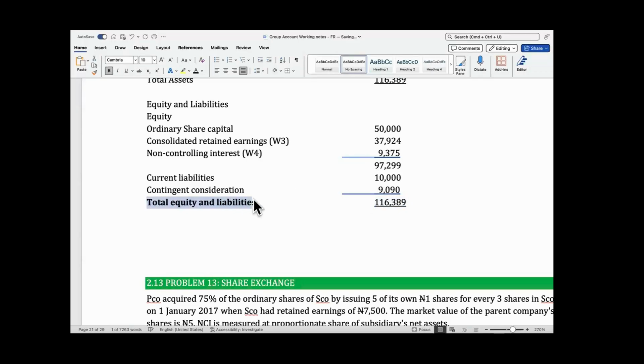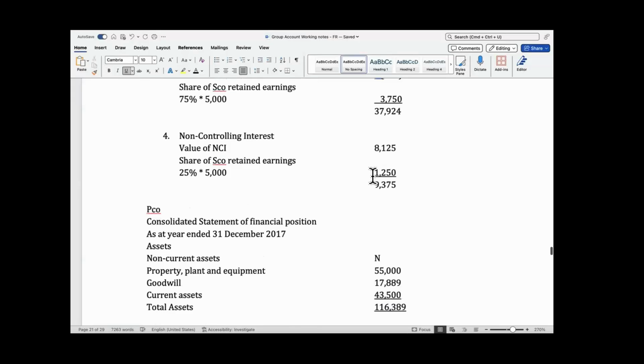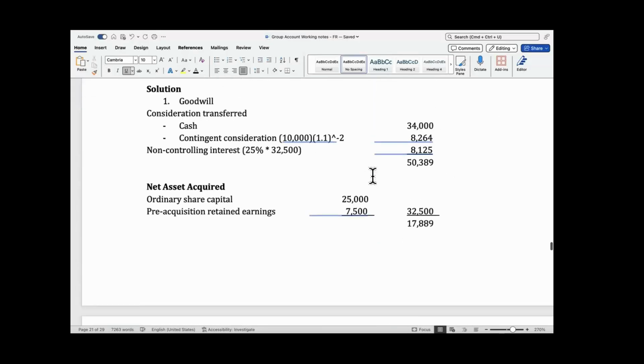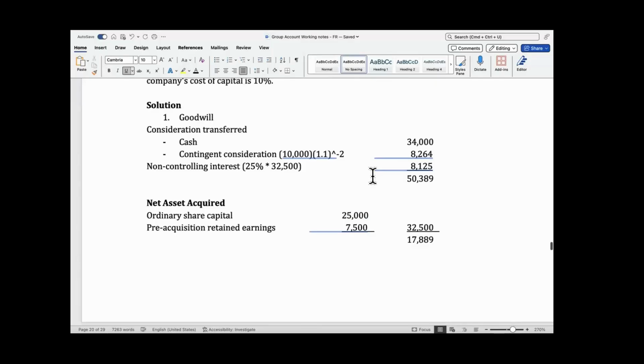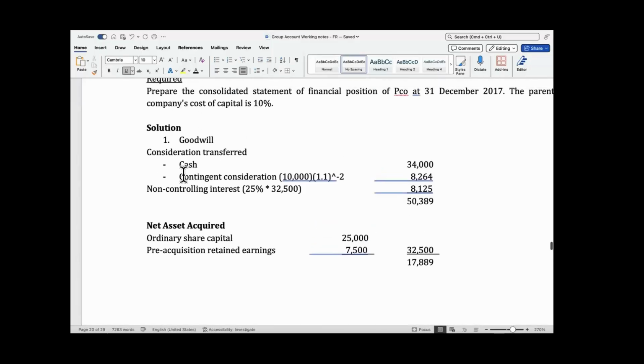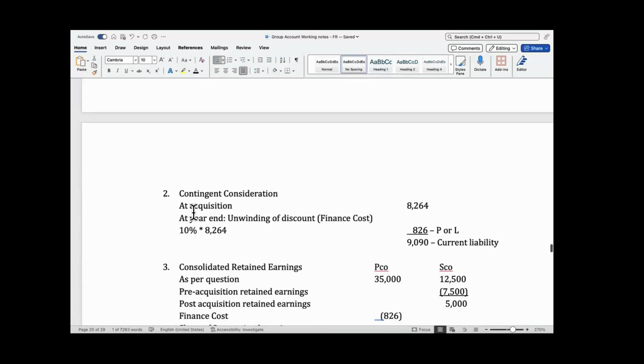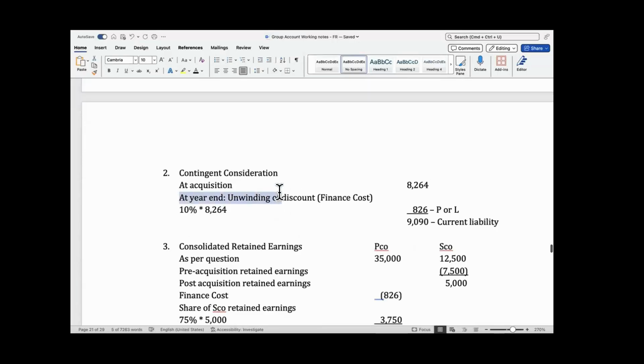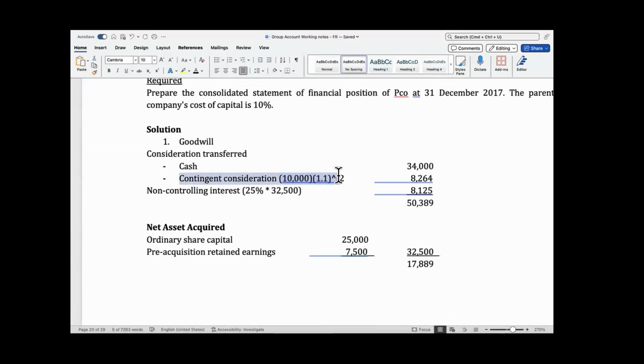Now, the only new thing here, and there is nothing new that I haven't taught you before, is that the consolidation principle still remains. You should already be used to that. The only thing I introduced is the contingent consideration that we need to discount to present value. And I have to ensure that I unwind the discount at the end of the year, because this amount is calculated at the date of acquisition.